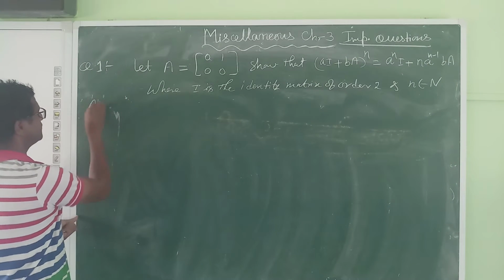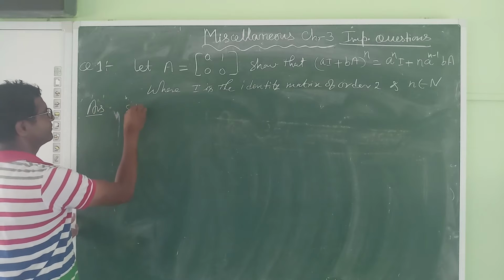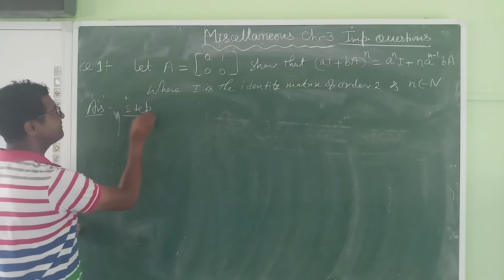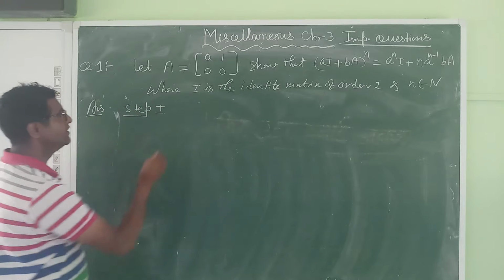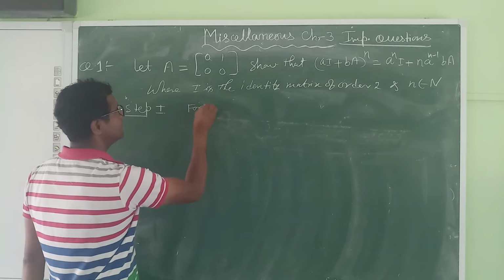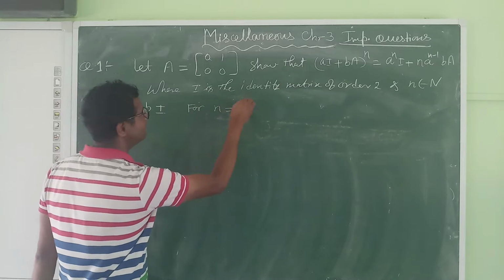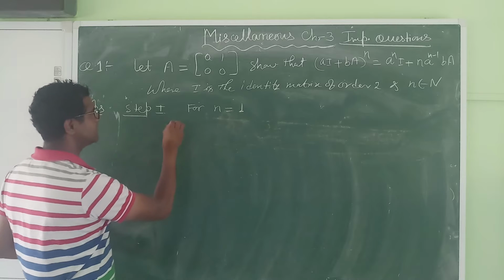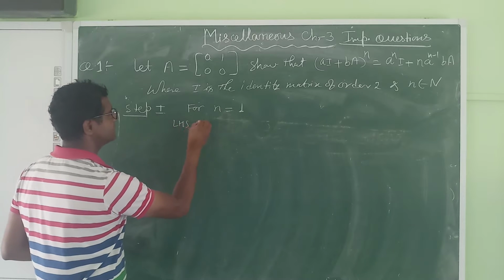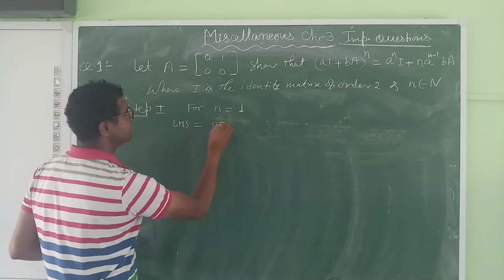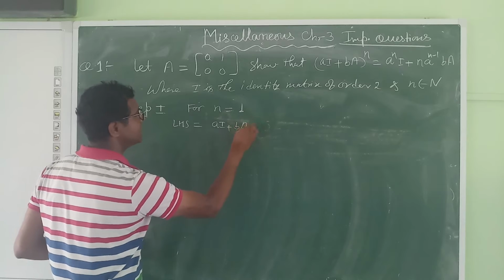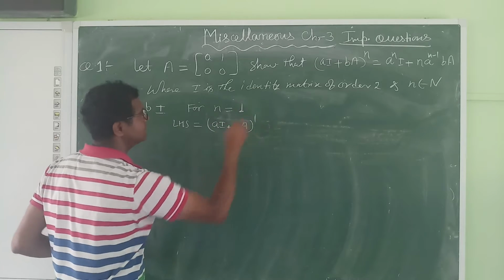Step first. For n equal to 1, left hand side LHS equals (aI + bA) whole power 1.